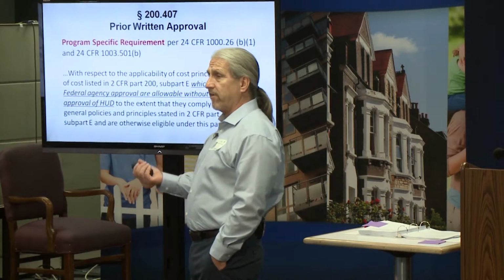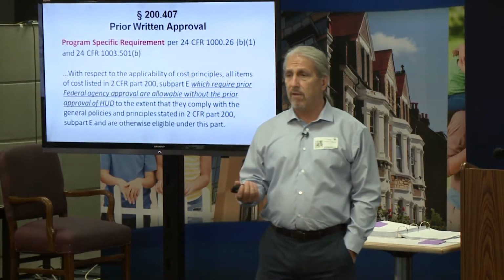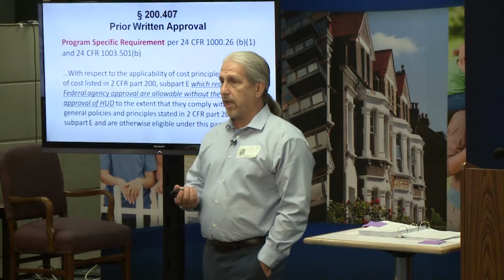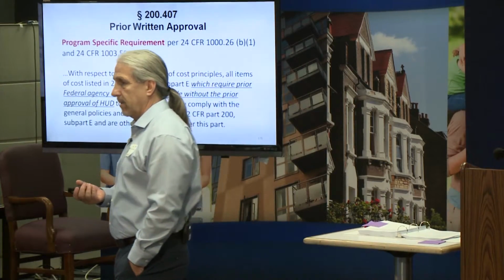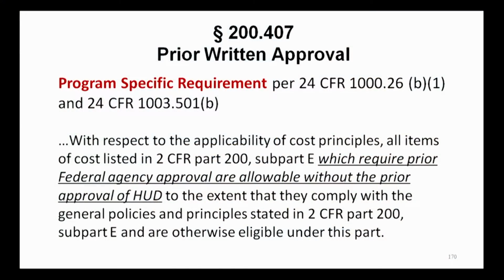Okay, and then 407, if you take a look at it, you can see there's a list about this long of things that now require prior written approval. Things that we didn't have before. So this will help us appreciate the clause that we've had in 24 CFR 1026 and also for ICDBG.